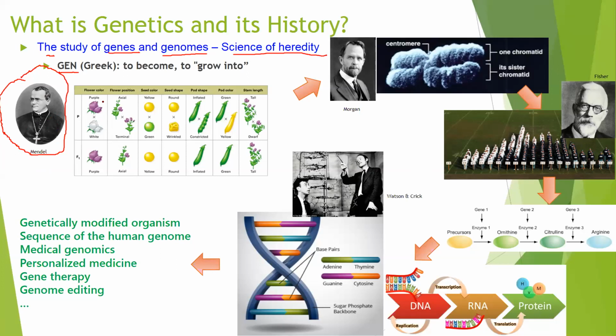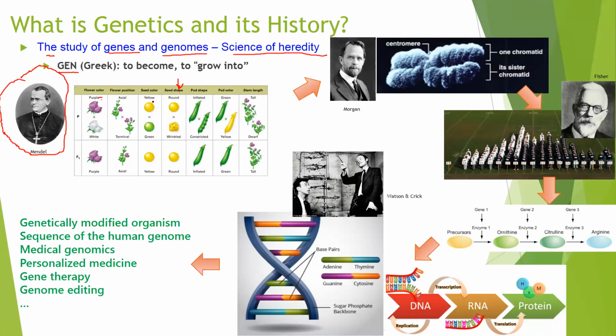He checked a variety of phenotypes for different sections of the pea plants. For example, we're going to talk about this later, he studied the color of the flowers, purple versus white, the shape of the seeds, round or wrinkled, and also the color of the seeds, yellow versus green.